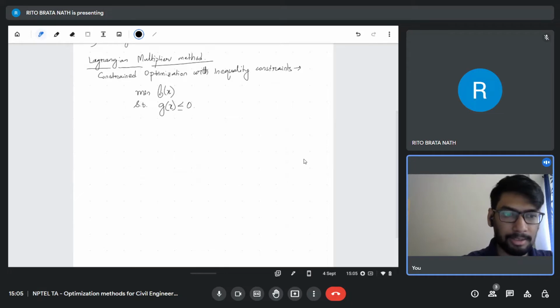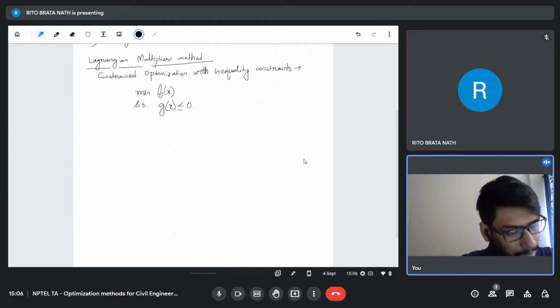Active constraints means the function g(x) is not less than 0, it becomes equal to 0, it's on the curve itself. If the constraint is not active, then you have a separate condition for that. I think sir derived it and had some restrictions on the values of lambda. So let's look at that.